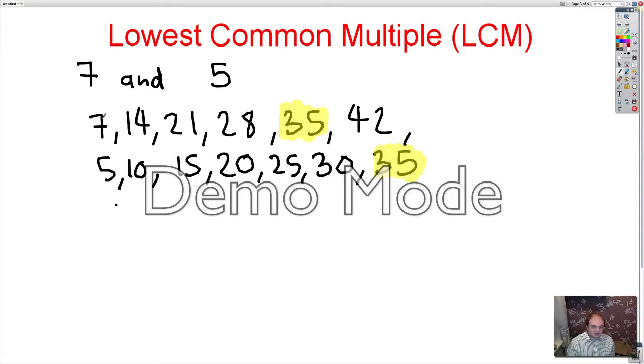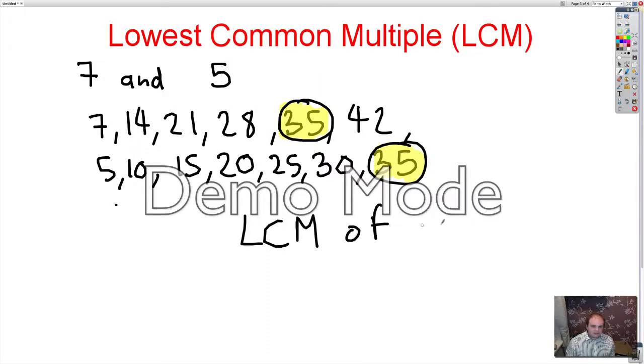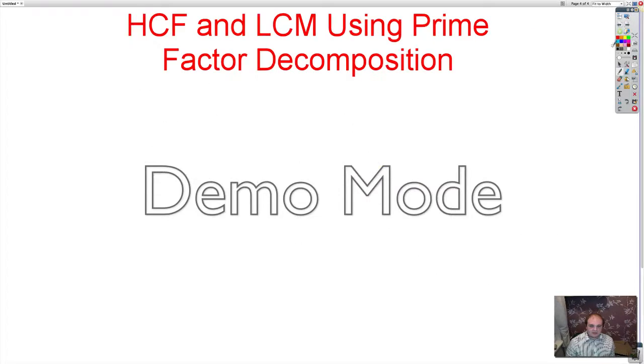Let's just check. 7, 14, 21, 28. None of those numbers there. The first one we see that's the same in both is 35. So the lowest common multiple of 7 and 5 is 35.